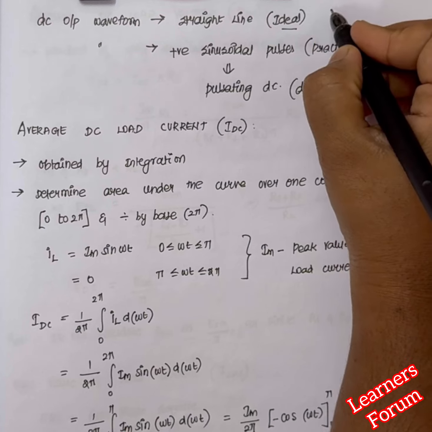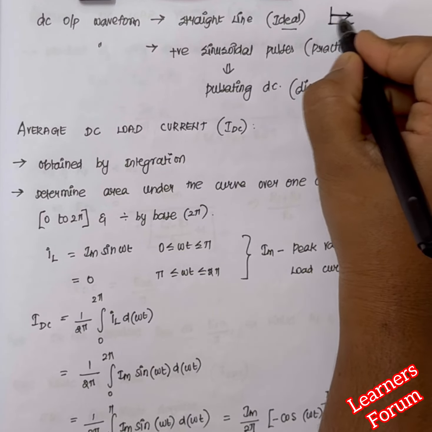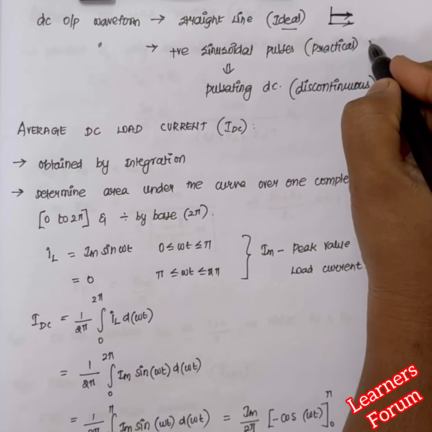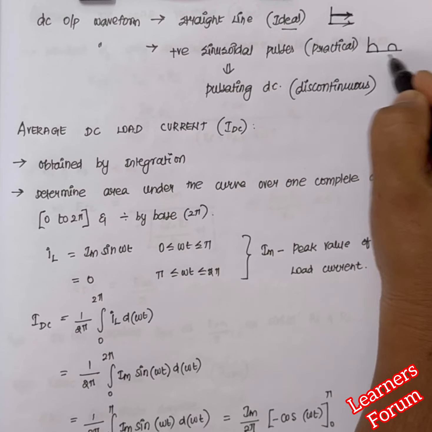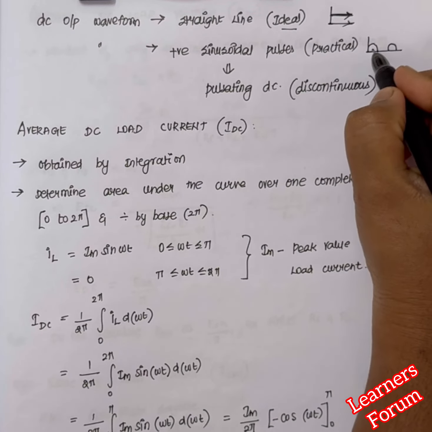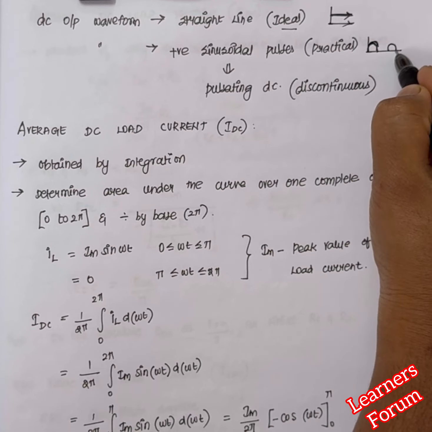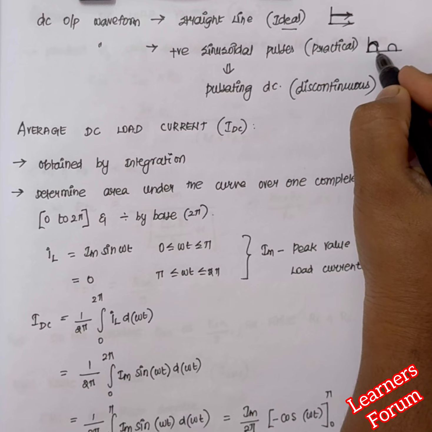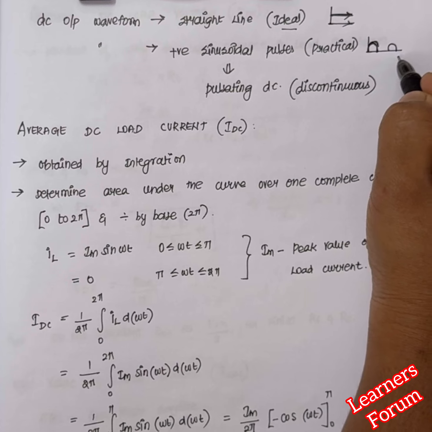That is, for ideal condition we will get the signal in this way, whereas in practical condition we will get for a half wave rectifier this one. This is nothing but positive sinusoidal pulses. It is a kind of DC signal, so we call it pulsating DC, which is nothing but a discontinuous signal.